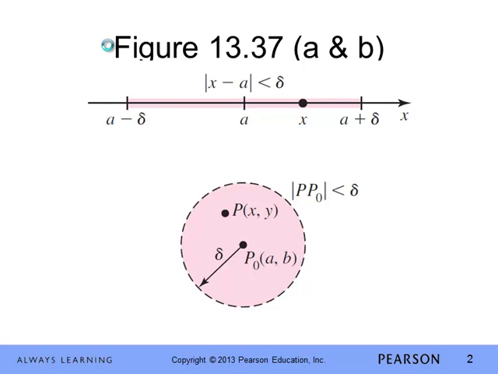Some range of values for x, so that I get a really small interval on the x-axis centered at x sub 0, so that for every x within this little interval, if I take the functional value of those x's, every one of those functional values will be mapped to within that interval on the y-axis.